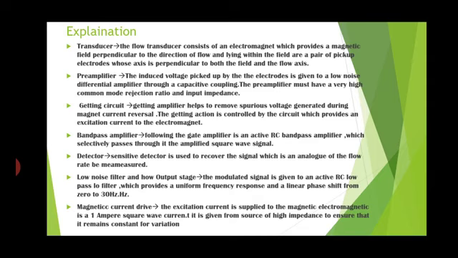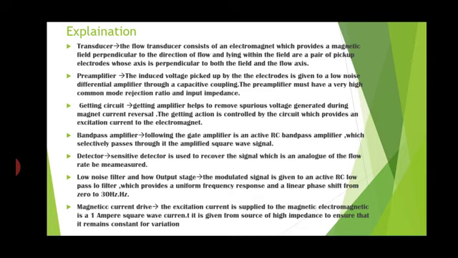Gating circuit. The gating amplifier helps to remove spurious voltage generated during magnet current reversal. The gating action is controlled by the circuit which provides excitation current to the electromagnet. Next, band pass amplifier.